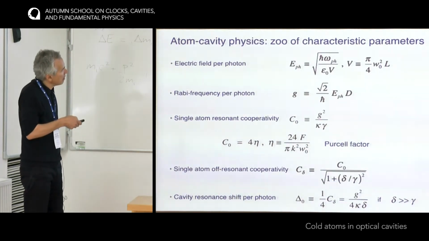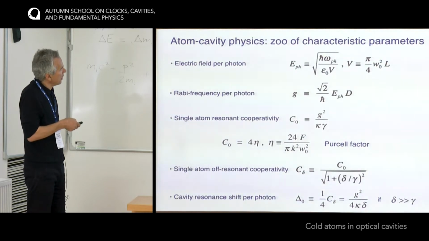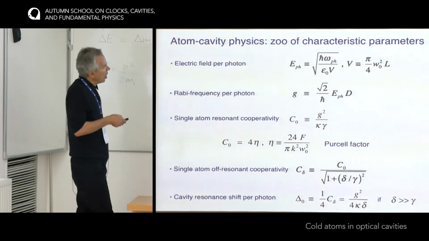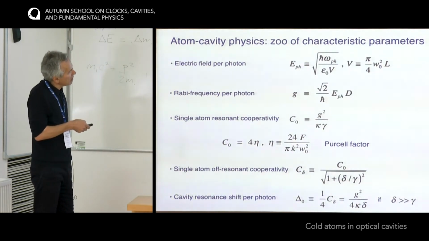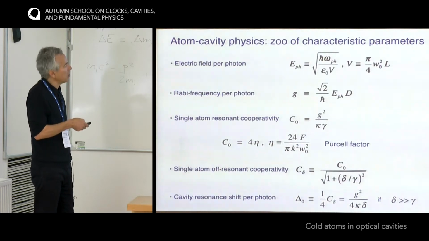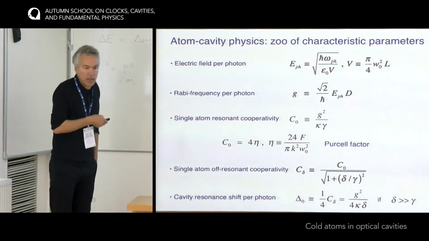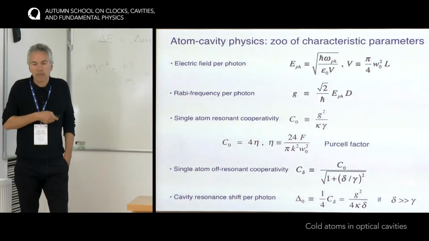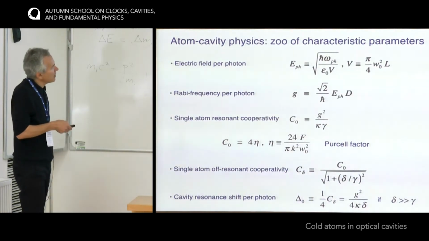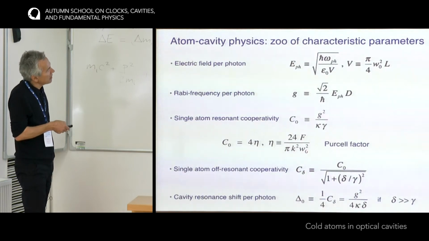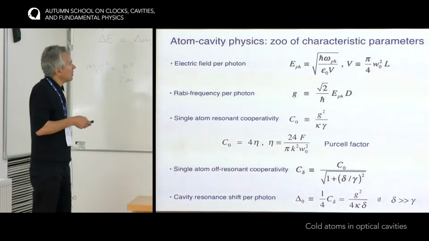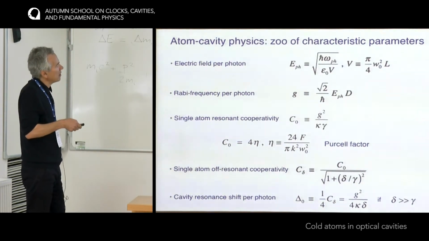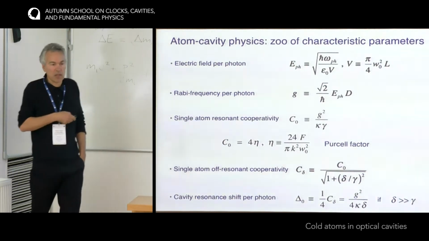This is expressed by this equation: C naught is nothing else but 4 times the Purcell factor. And the Purcell factor is a combination of quantities that only concern the cavity. This is the cavity finesse, which you have heard about in the seminar of Fritz Riele. And w naught is the mode radius, and k is the wave number of the photons we're talking about. So there's this relation, and I will tell you in a moment what the Purcell factor means.